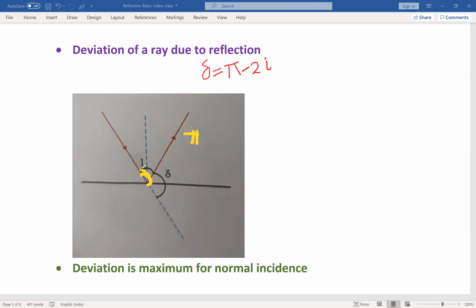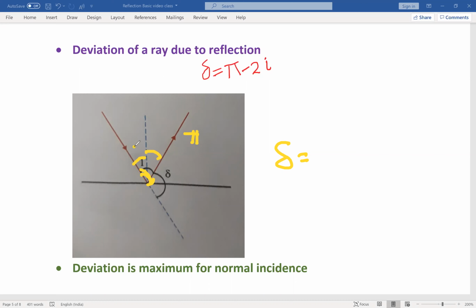Delta is the angle of deviation, so you have to subtract this angle plus this angle.